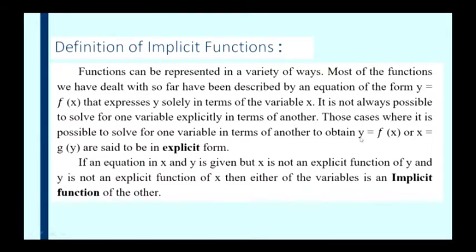So either we write y equal to f of x or x equal to g of y, which are said to be in explicit form. If an equation in x and y is given but x is not an explicit function of y and y is not an explicit function of x, then either variable is an implicit function of the other.